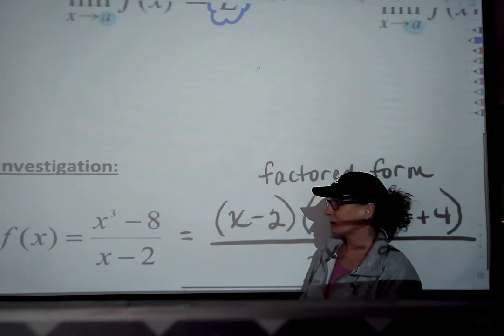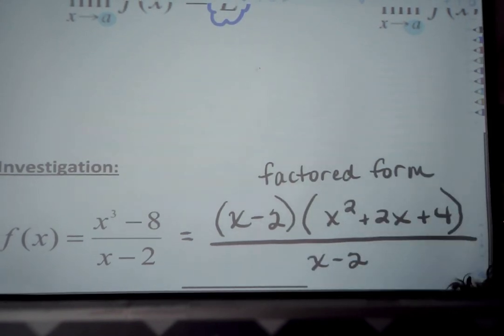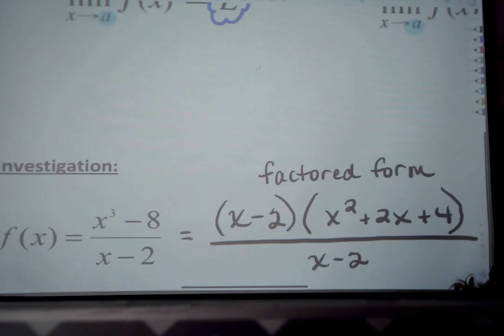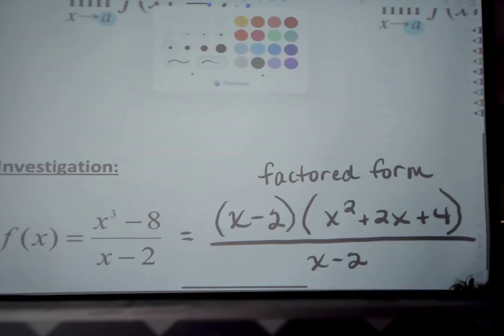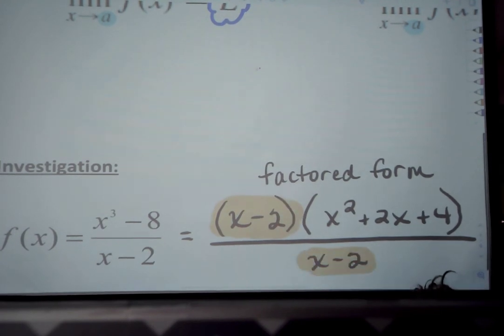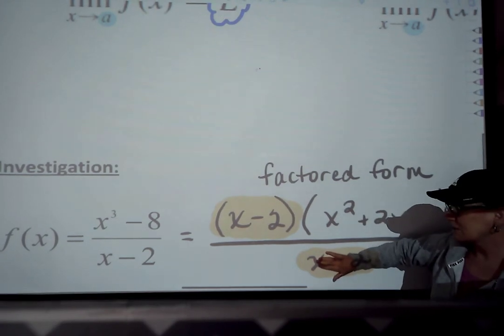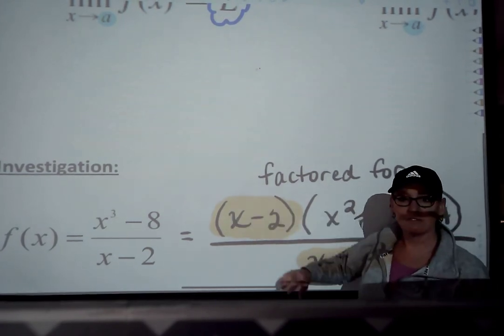So I factored the numerator. Do you see how this x minus 2 matches this factor of x minus 2?